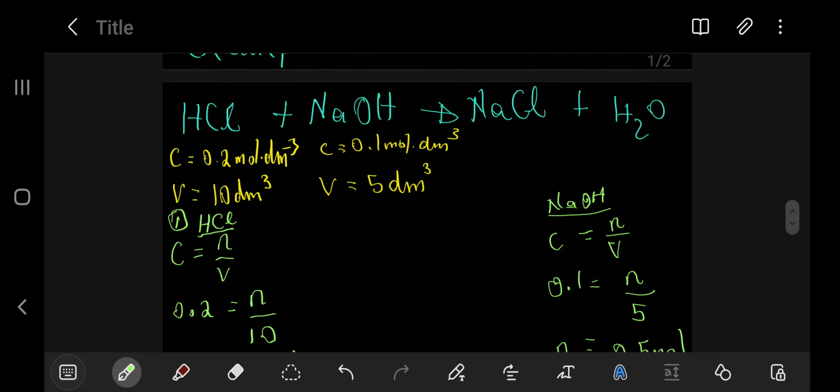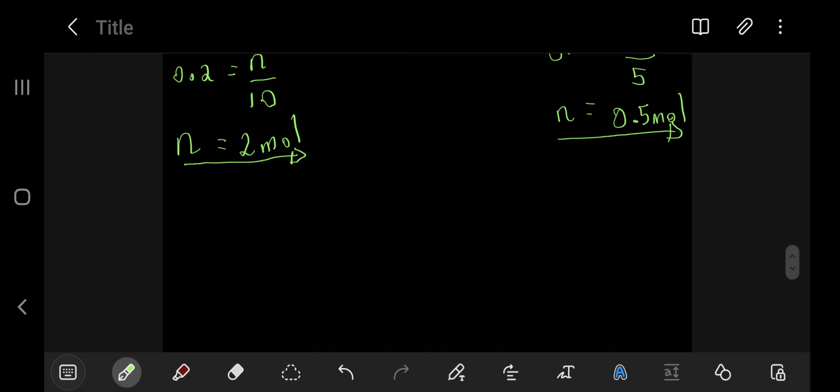So let's choose maybe this product. We want to check how much of this product can be produced by hydrochloric acid and how much of this product can be produced by sodium hydroxide, right? So that is step number 2.